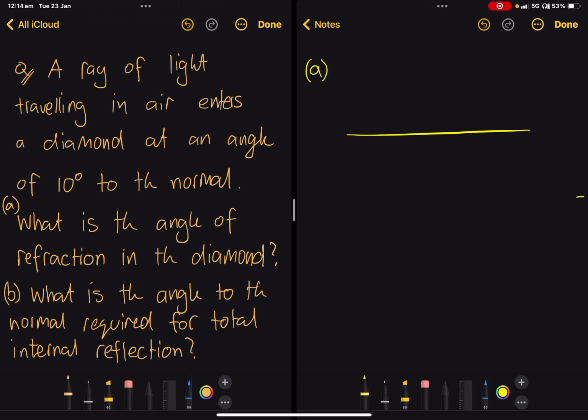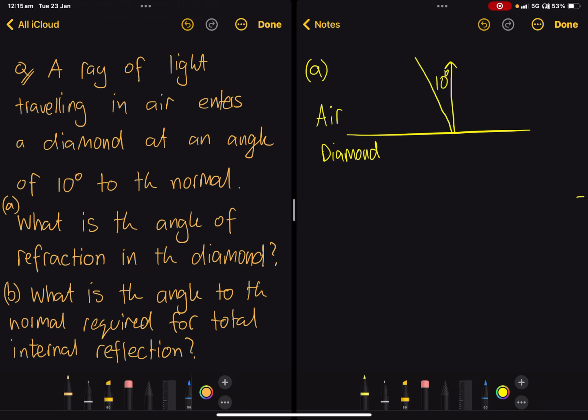This is the diamond. This is the air. So the light comes in at 10 degrees to the normal. Well, the normal is perpendicular to the surface, so 10 degrees to the normal looks like this.